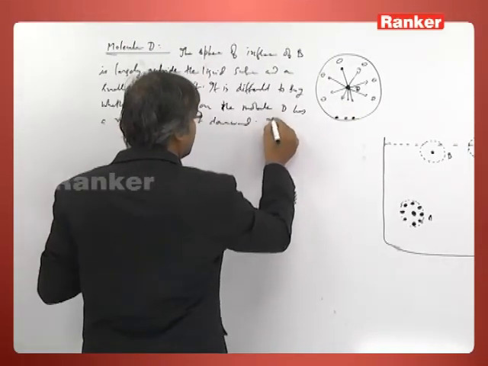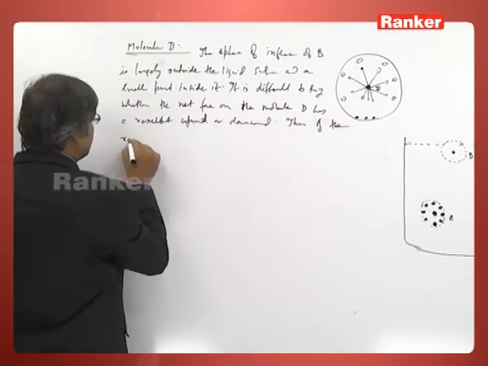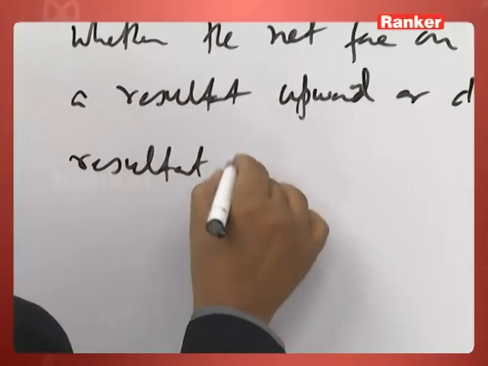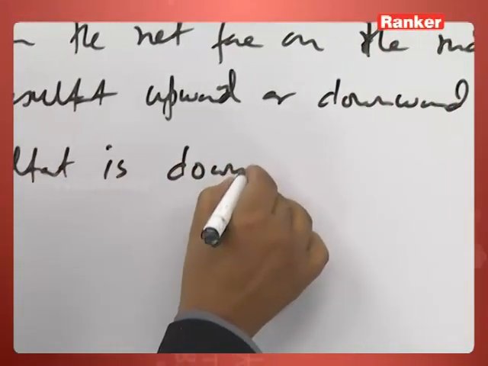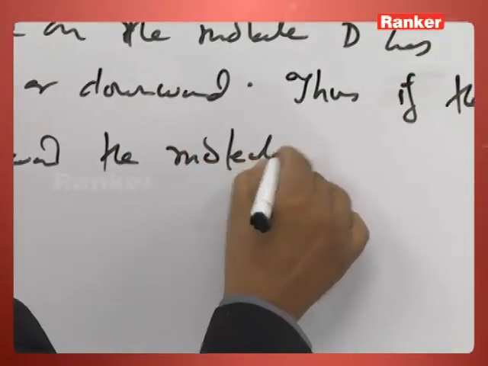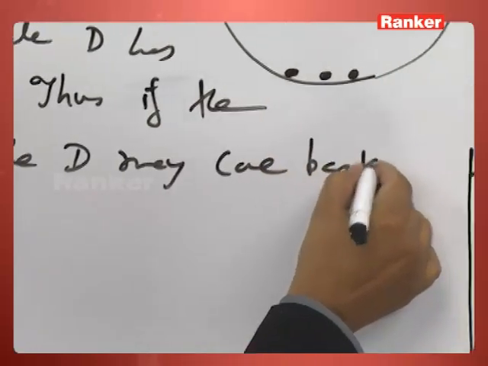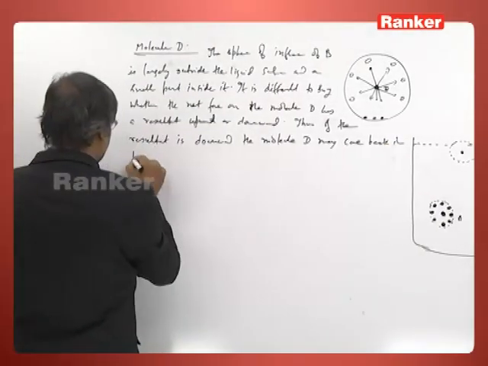Thus, if the resultant is downward, the molecule D may come back in the liquid.